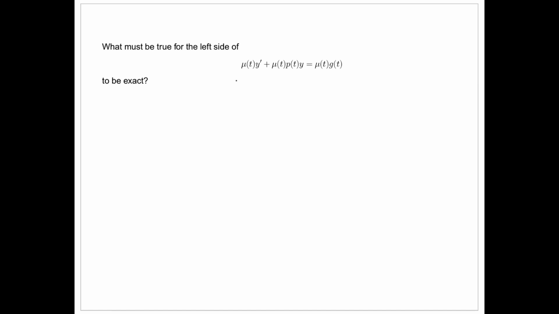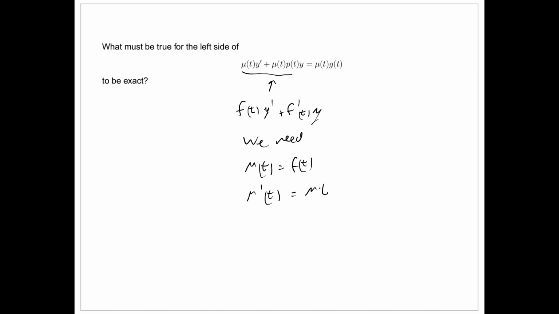In order for this to be of the form f of t y prime plus f prime of t y, we need mu of t to be our f of t and mu prime of t to be mu of t times p of t, because mu prime is just f prime. And that's what's over here on the right, which has to match it, that term there.